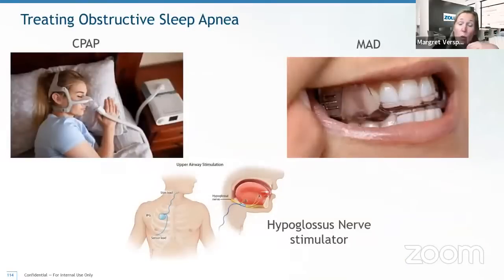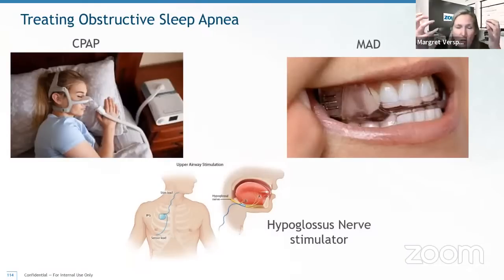When you want to treat obstructive sleep apnea, there are different treatments. You can use CPAP, of course, the continuous positive airway pressure. It opens the airway. The patient has to sleep every night with a mask. The mask blows continuous pressure through the nose, or when you have a nose-mouth mask, through the nose and the mouth, so it's a full face mask.